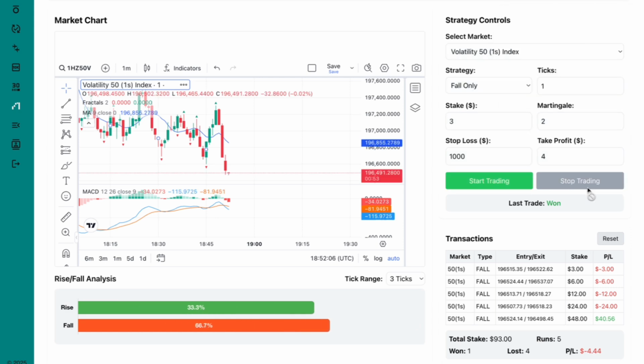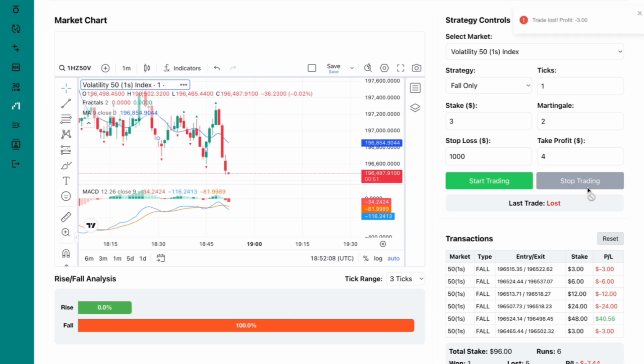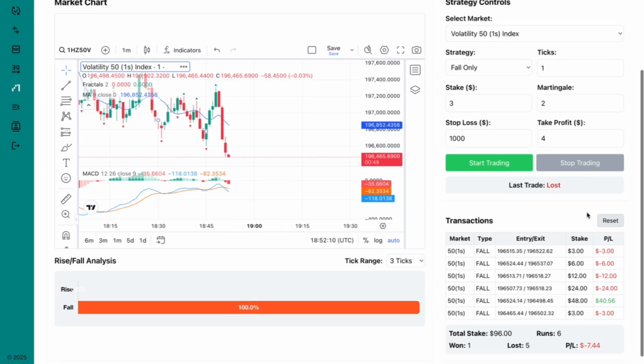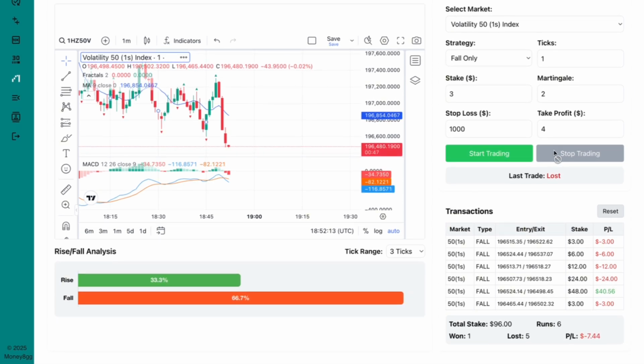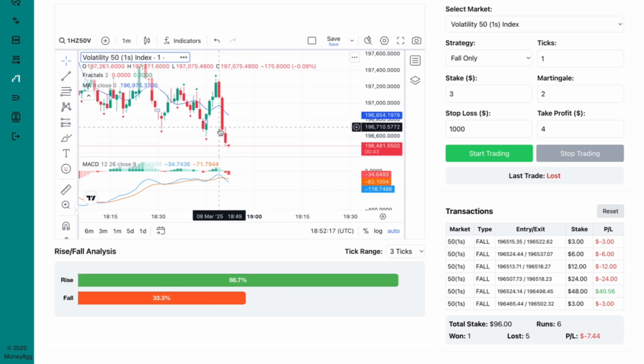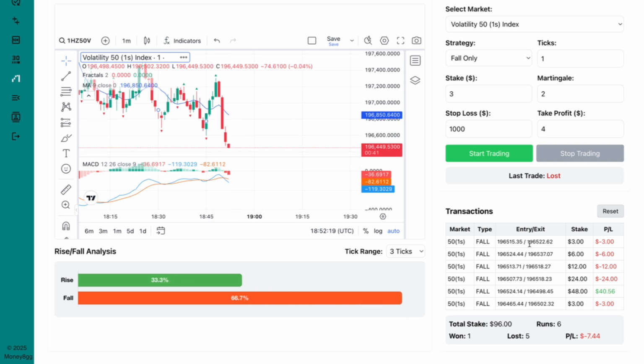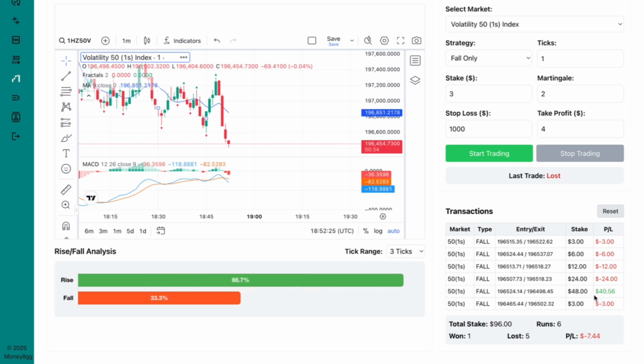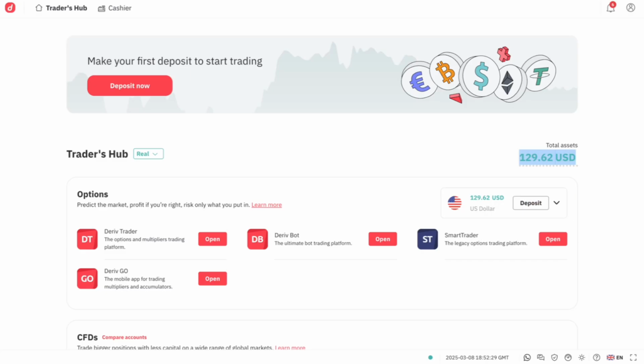We're going to have to sort out for everyone how we stop the trades, because that was a good downtrend, but you see how many losses we went through: 3, 6, 12, 24, and if we lost here we would be done.